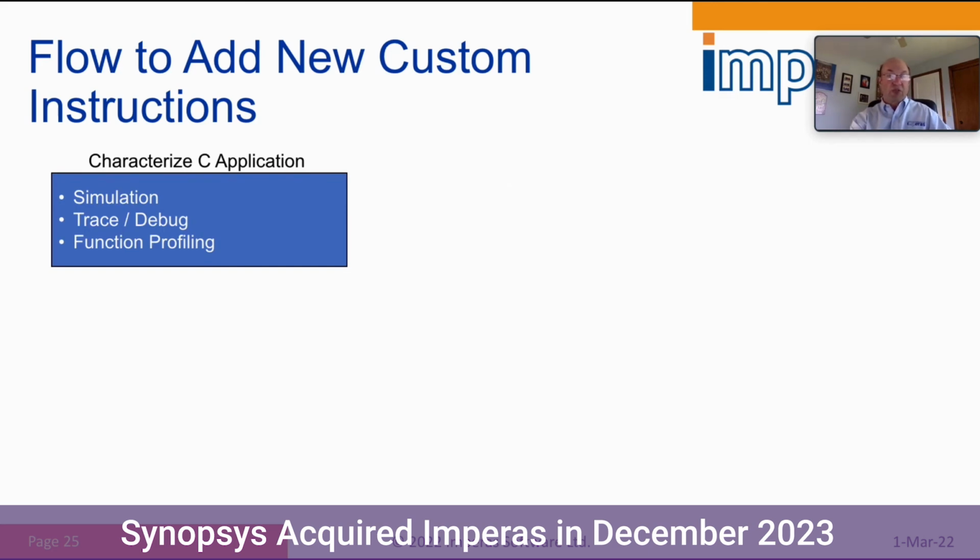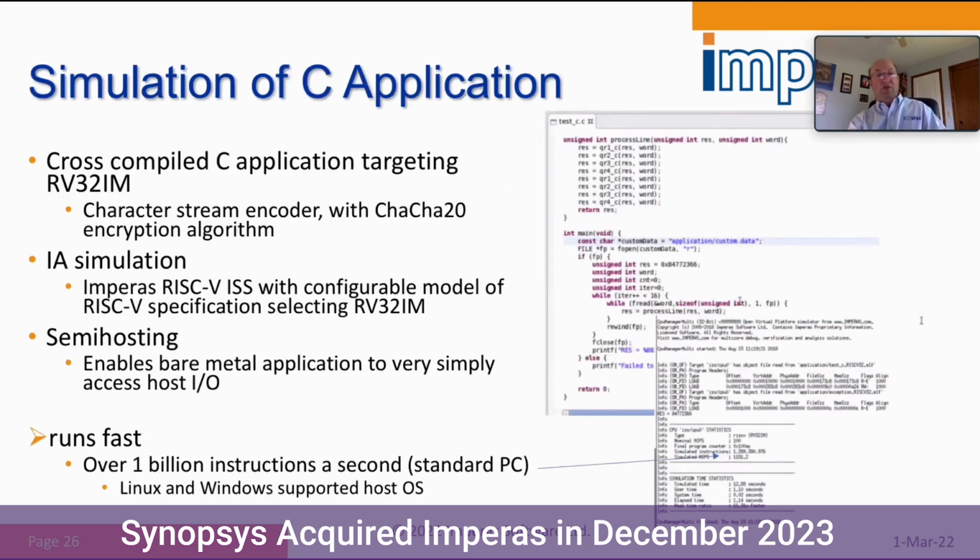And so you're going to want to start by characterizing that application using simulation, using tools like trace and debug, using function profiling, for example. And then you can go and simulate that in the instruction-accurate simulation environment that Imperas provides. We're running over 1 billion instructions per second on a standard PC.